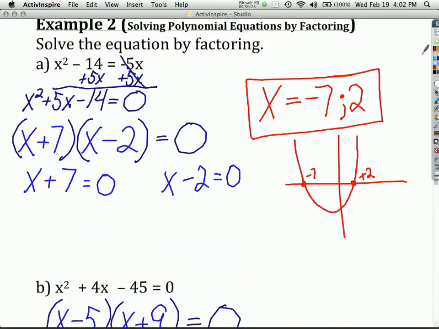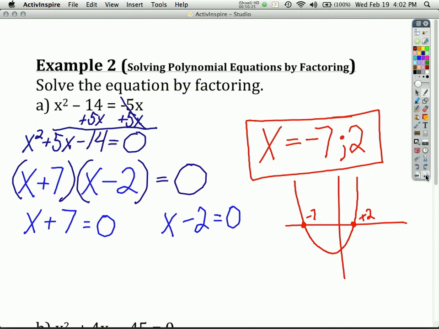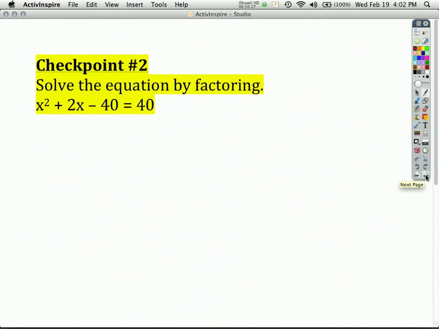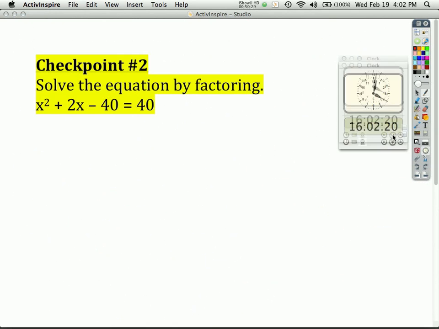All right, let's see how you do on your own. Checkpoint number 2. You've got 2 minutes.